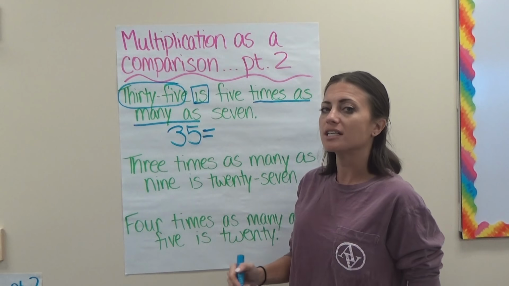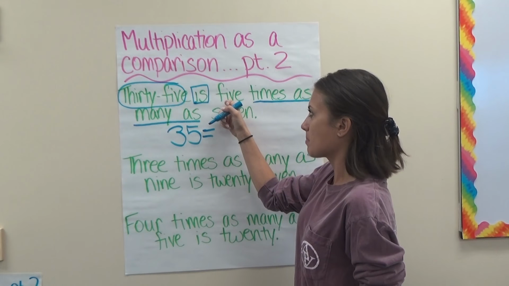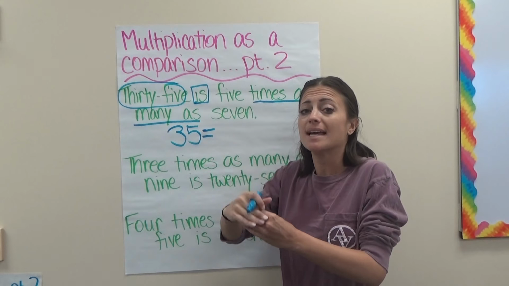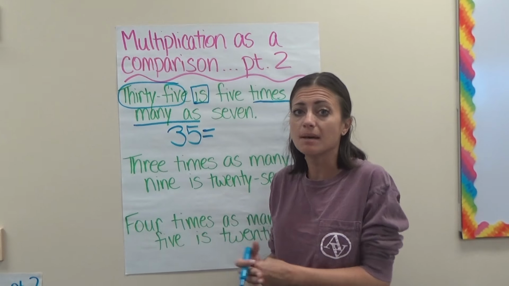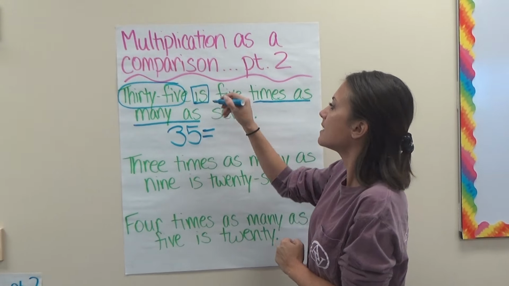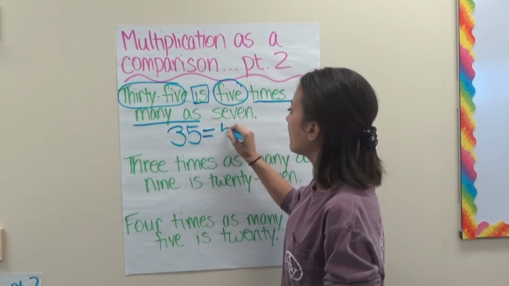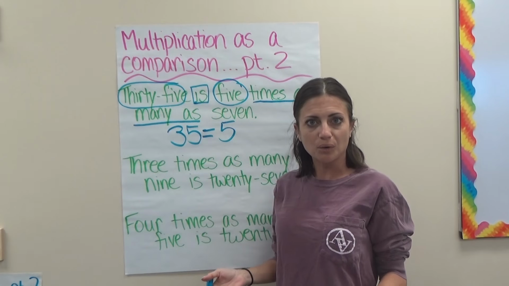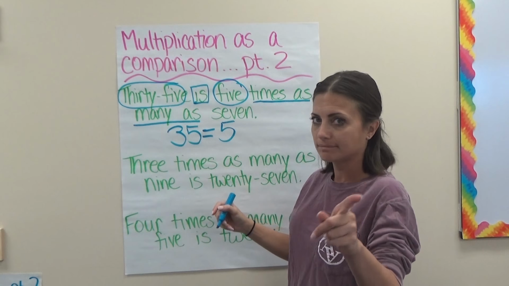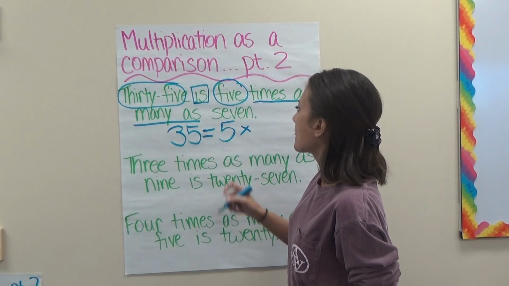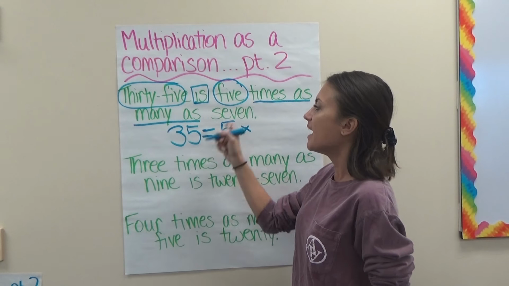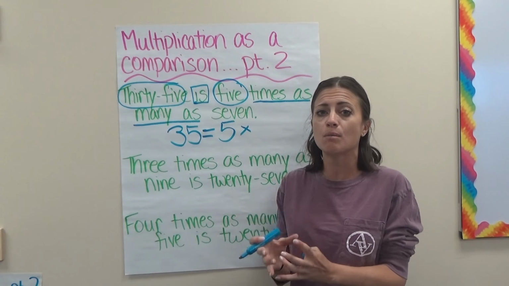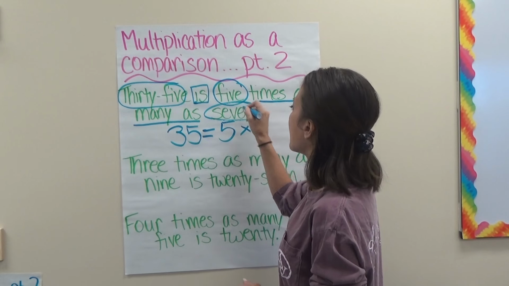Next, I come across my multiplier. My multiplier is the number of times as many that I am using, the number of times I'm multiplying my group. In this case, it is 5. So I'm going to next write 5. 5 times as many. What symbol do you think we're going to use since we see times as many? Our multiplication symbol. 5 times as many as, and our last piece is our set size, the size of our group, or the size of our set number, and that in this case is 7.